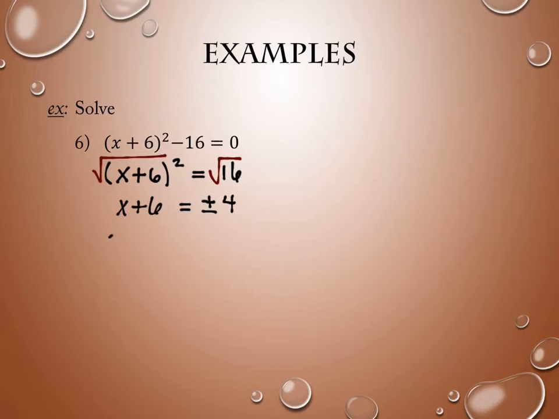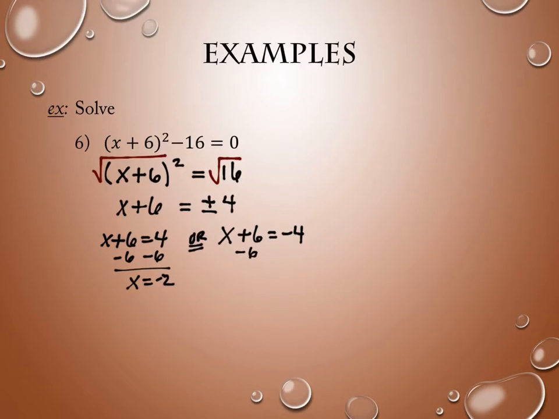So what this really means is that the x plus 6 could equal 4, or the x plus 6 could equal negative 4. And from here, I can solve each piece. So on the first one, x would be negative 2. And on the second one, x would be negative 10.